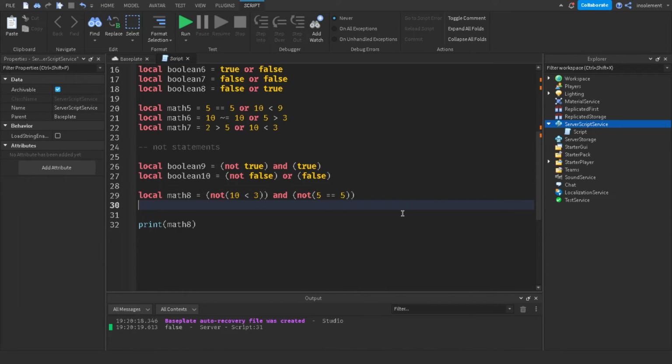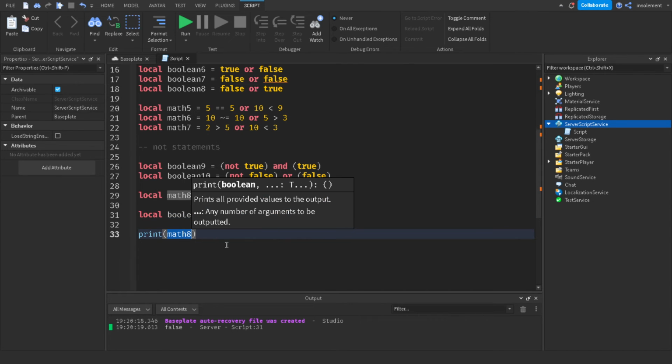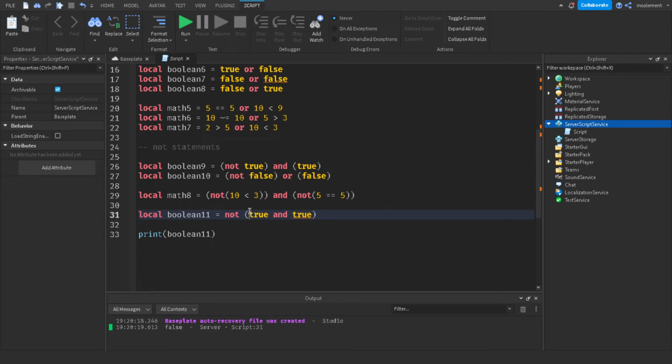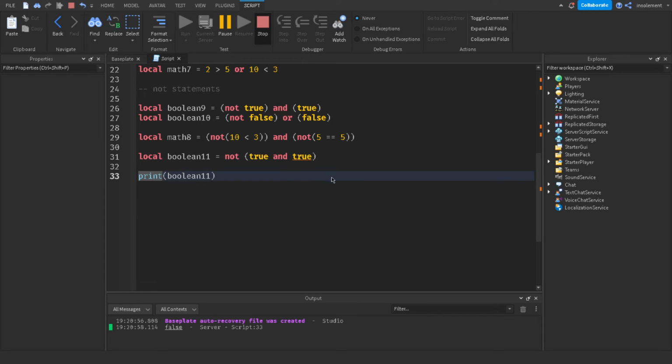And what we can also do with not is, what if we had not, true and true? True and true, this would be true, right? But our not here flips this entire statement, right? So it would be false. So true and true, this entire statement is true, but our not in front flips it to a false. So we can see here a false, right?